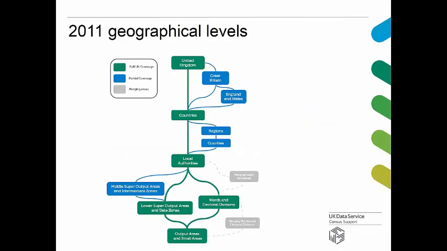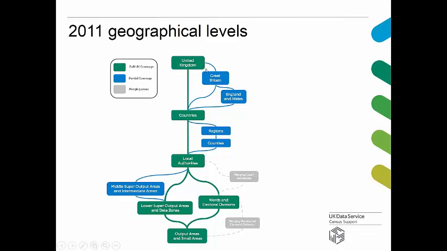So I talked a bit about geography before. We have a lot of different geographies in the UK, and they do change over time as well. And this is what we have in our interface called Infuse, and I'm going to do a demo of this interface right at the end of the session, but you can see there's UK level data right at the top.